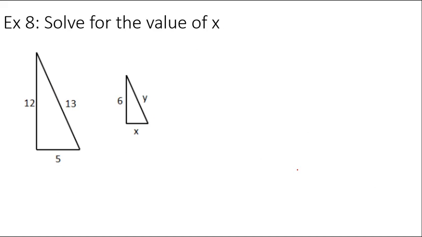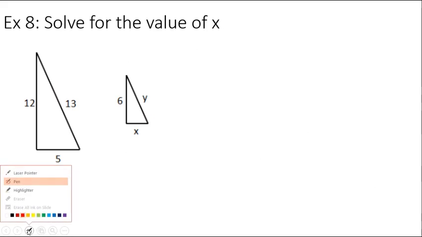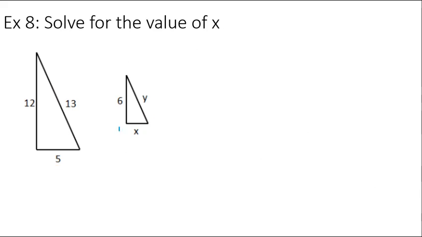All right, now example 8, I'm going to solve for the value of x. The way I set that up is I start off by putting both sides that go together. So x and the 5 go together. And then the only other number they give us here is the 6. So I'm going to put in a 6 right here.